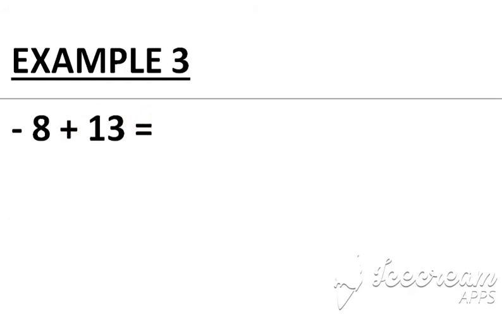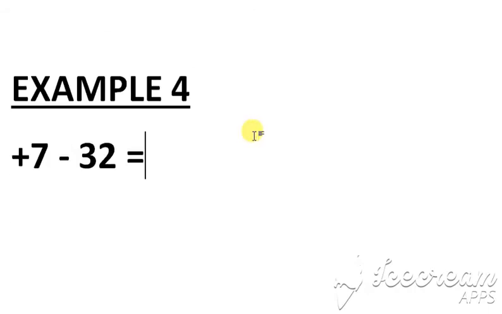Positive. Then you look at the difference between 13 and 8. The difference between 13 and 8 is what? It's 5. So you just put 5 here, which is the same thing as just writing 5. So positive 5 is the same thing as what? 5.